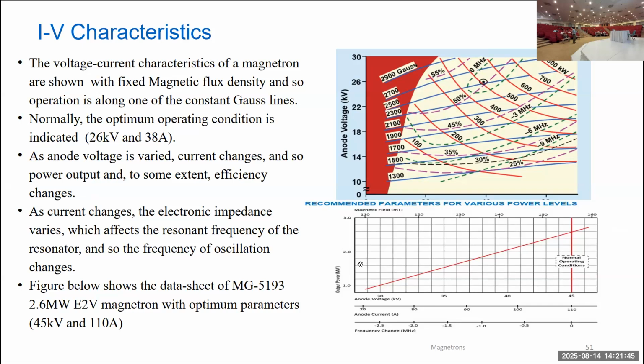This is because the impedance of the magnetron must be matched with the impedance of your device. And the other case, which I have already quoted, for the other magnetron is 45 kV and 120 ampere.